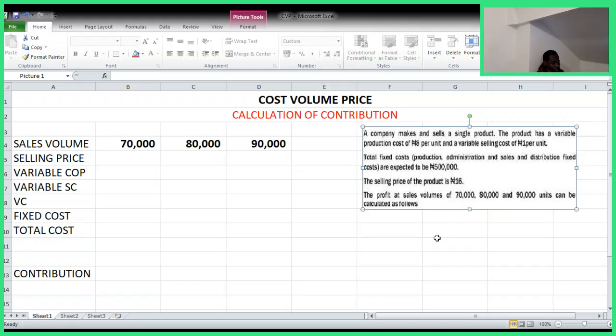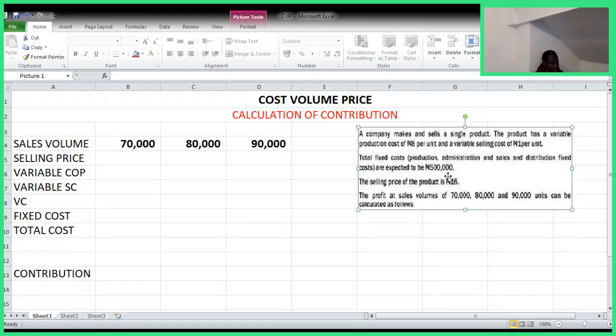Also, we have a fixed cost, and in our introduction video we made mention that CVP is calculated using the marginal costing approach, not the absorption costing approach. So the fixed cost of production, admin and distribution is 500,000, and the selling price per unit is 16. So we have sales volumes of 70,000, 80,000 and 90,000 units.